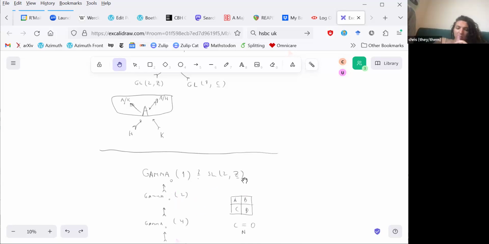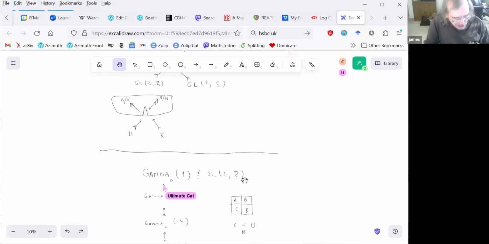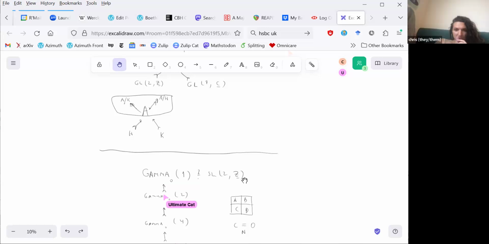Yeah, that's right. It's harder to be a multiple of 4 than to be a multiple of 2. Okay, so hopefully I did get that part of it correct. And so these subgroups are things that you can mod out the universal thing by.